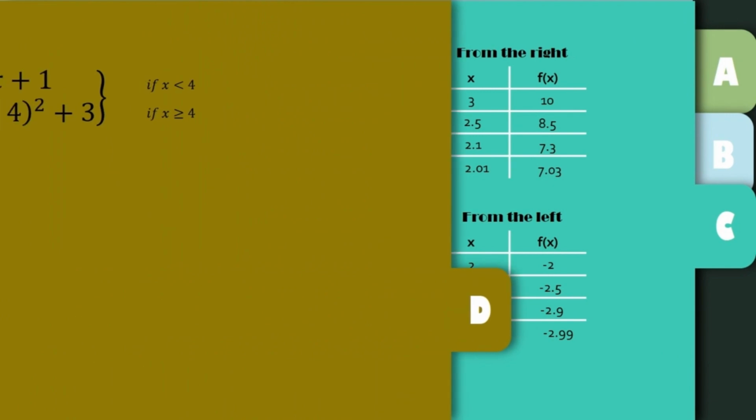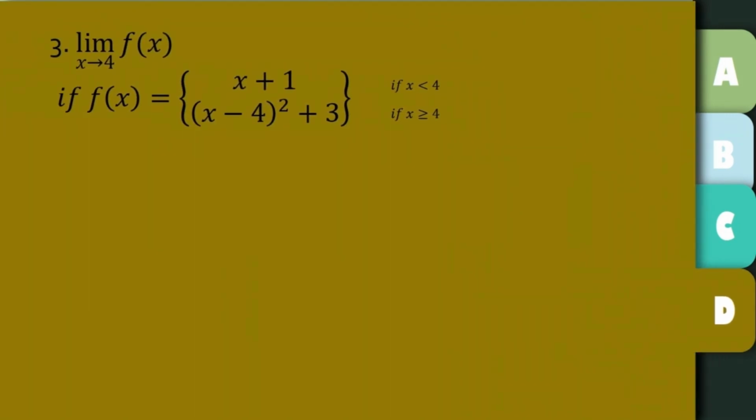On file D, we have example number 3, which is the limit of f of x as x approaches 3. If f of x is x plus 1 when x is less than 4, and f of x is (x minus 4) squared plus 3 when x is greater than or equal to 4.